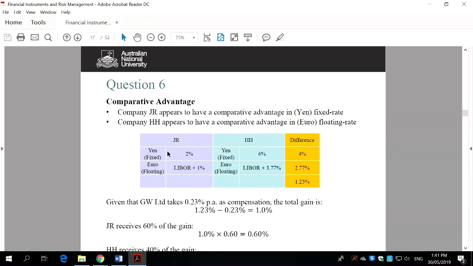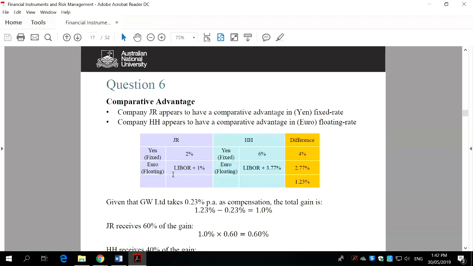First of all, let's have a look at the Japanese market. JR has a lower cost of borrowing in the Japanese market, 2%. That's 4% lower than Hedge. And then JR also has a lower cost of borrowing in the euro market, right?